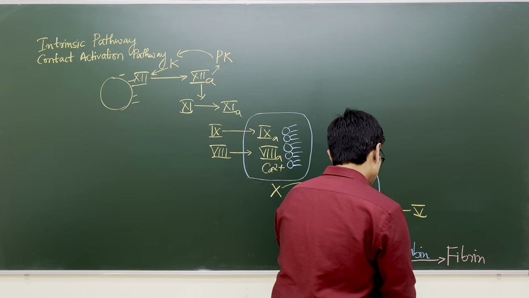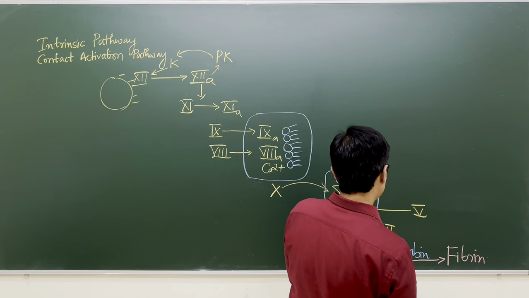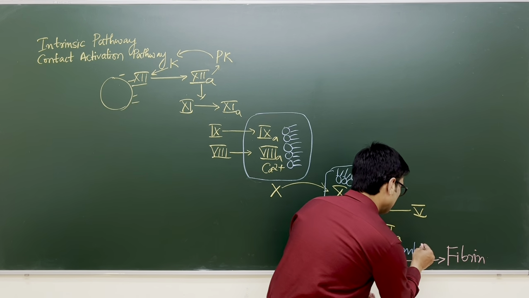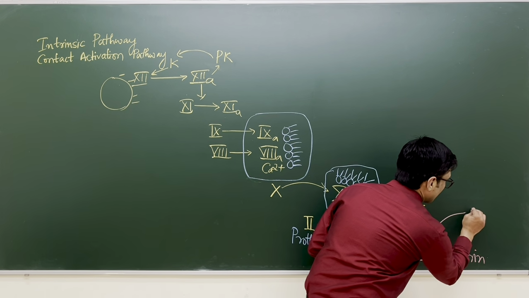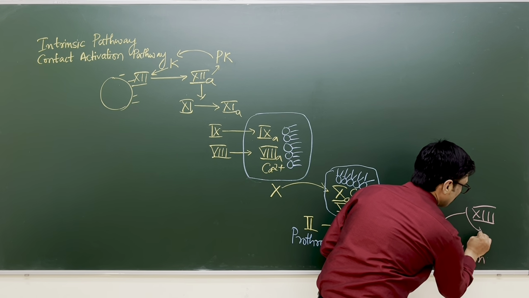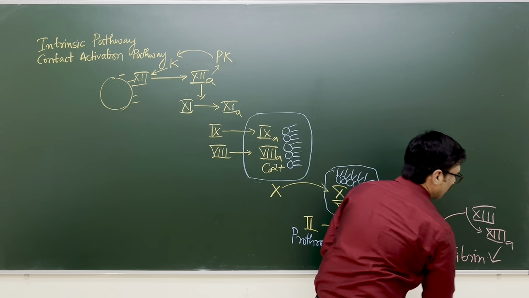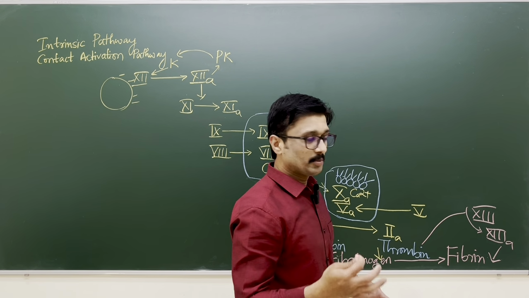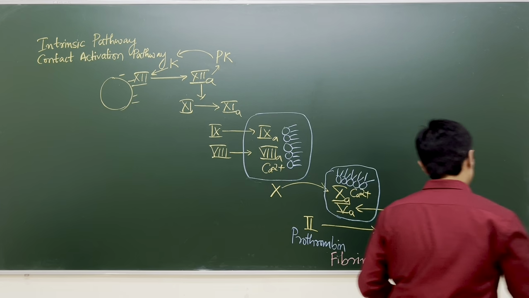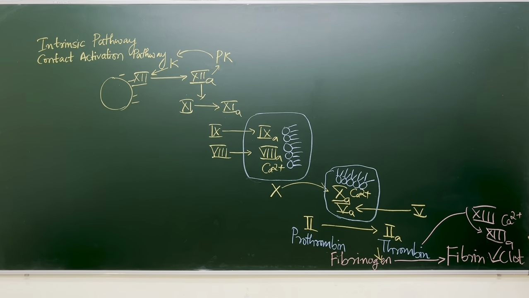Activated factor 13, that is activated by factor 2, thrombin, will activate factor 13. This activated factor 13 will cause cross linkage of fibrin threads to form a stable clot. Finally a stable clot is formed, and calcium is a cofactor required for formation of stable clot.